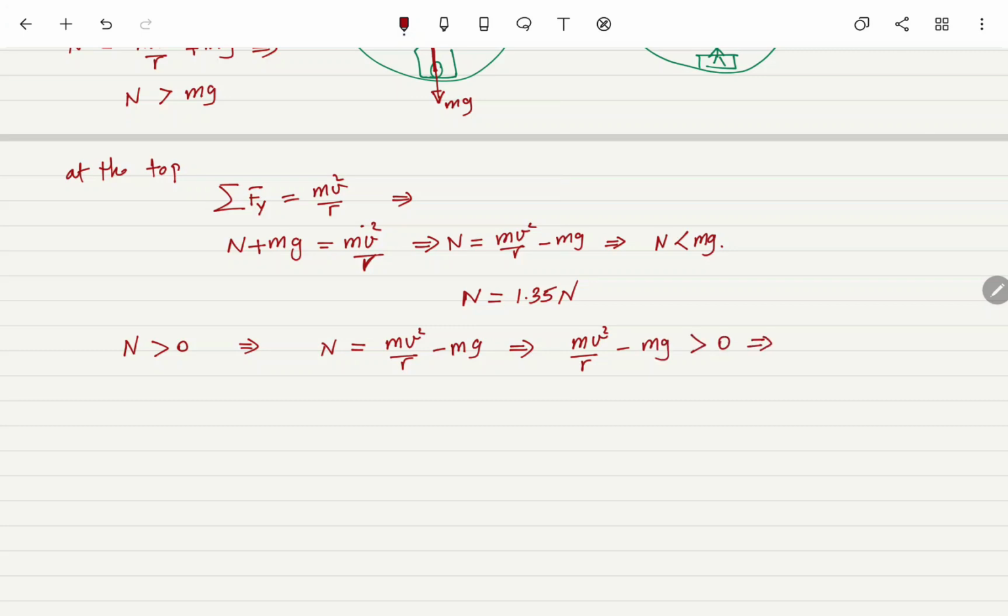You solve this one: mv squared over r is greater than mg, or v equals the square root of rg. You substitute numbers here, and you will find the speed is greater than 4.43 meters per second. The minimum value has to be equal to 4.43 meters per second. This is the minimum value of the speed in order for the object not to fall down.